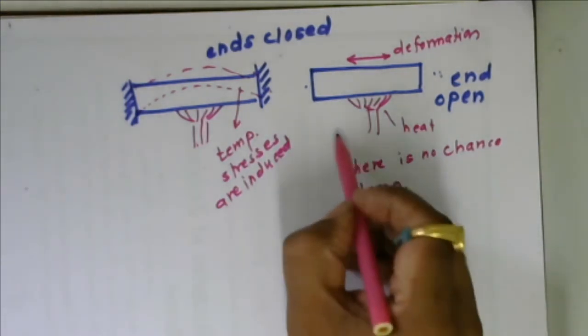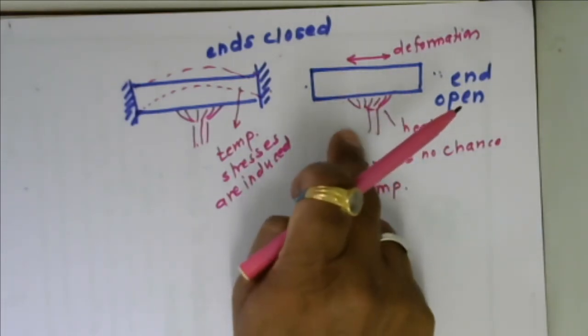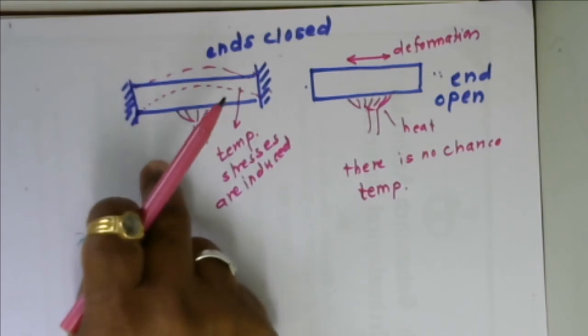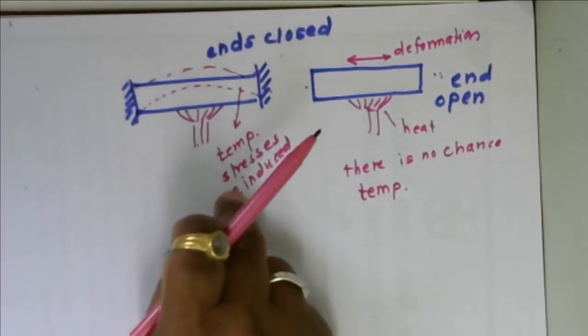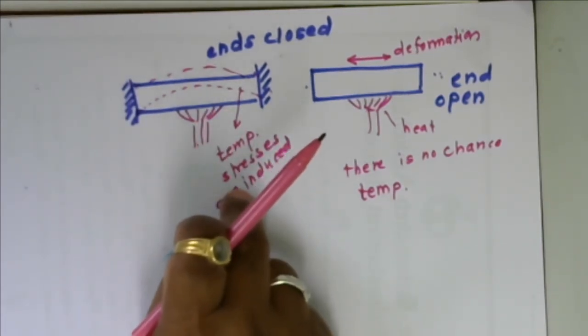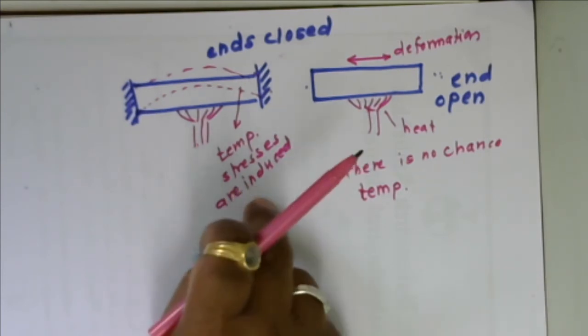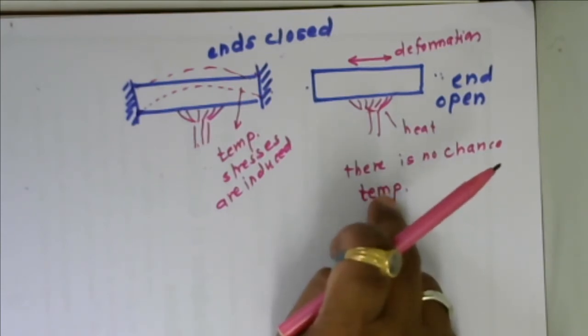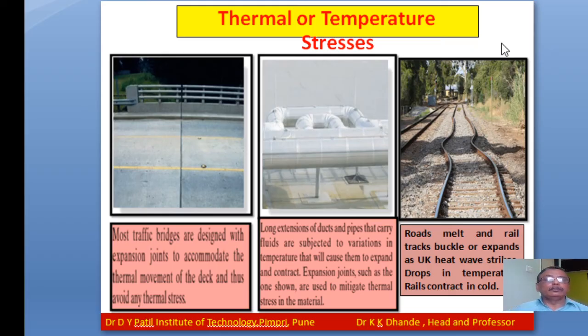So here we may say it is free end expansion. Here expansion is restricted, so temperature stresses are induced. Here there are no temperature stresses induced in the section. Is it clear?